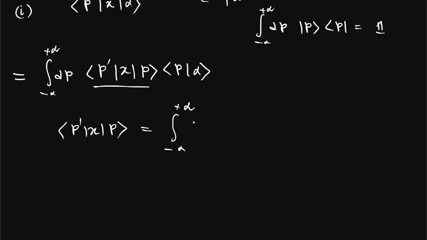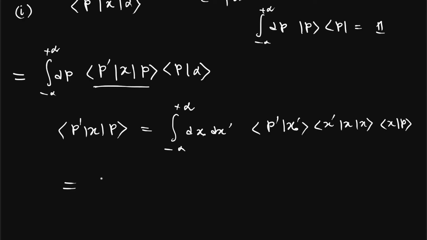<p prime|x|p> is equal to the integral from minus infinity to plus infinity dx dx prime <p prime|x prime><x prime|x|x><x|p>.